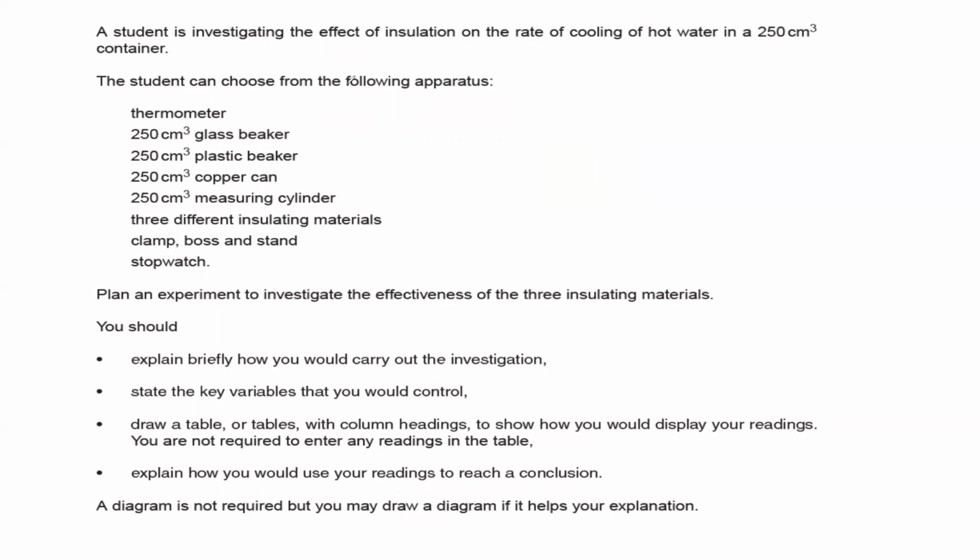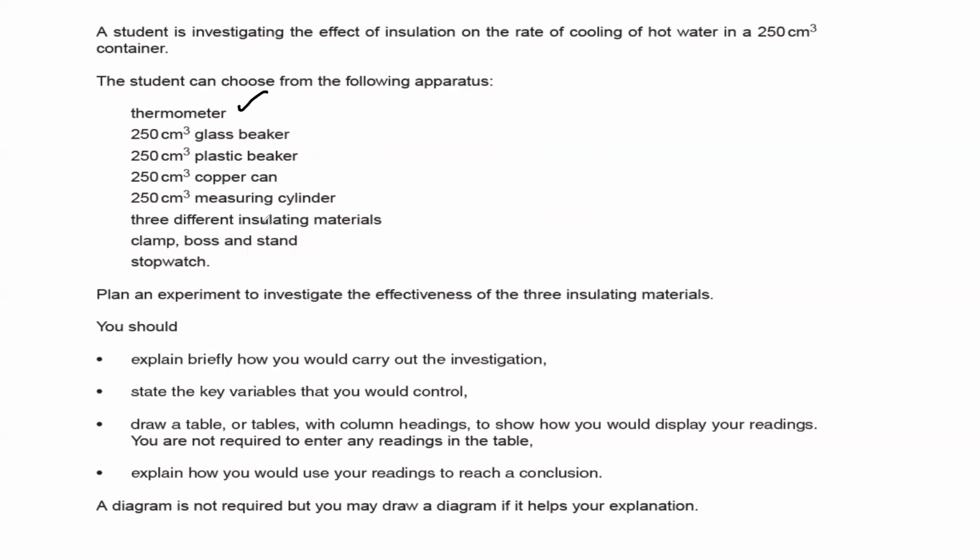A student can choose from the following apparatus. The student has a thermometer, a 250 cm cube glass beaker, a 250 cm cube plastic beaker, a 250 cm cube copper can, a 250 cm cube measuring cylinder, 3 different insulating materials, a clamp, boss and stand for the thermometer to clamp, and a stopwatch.